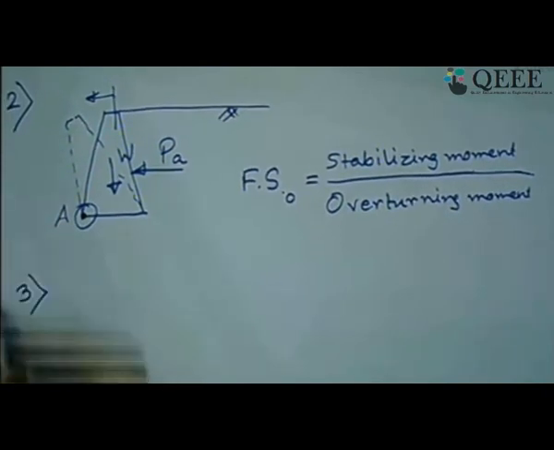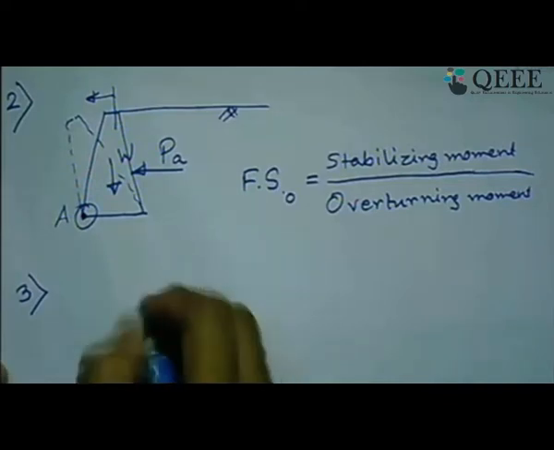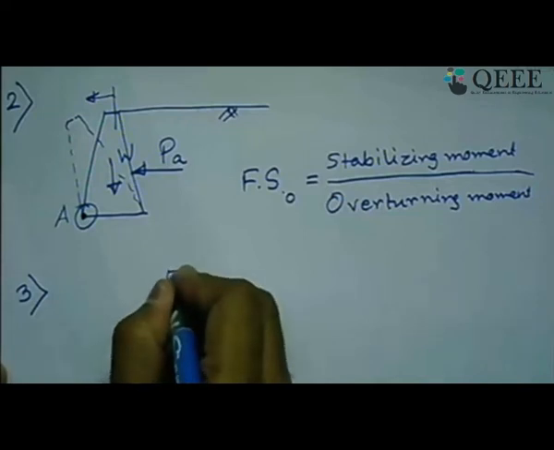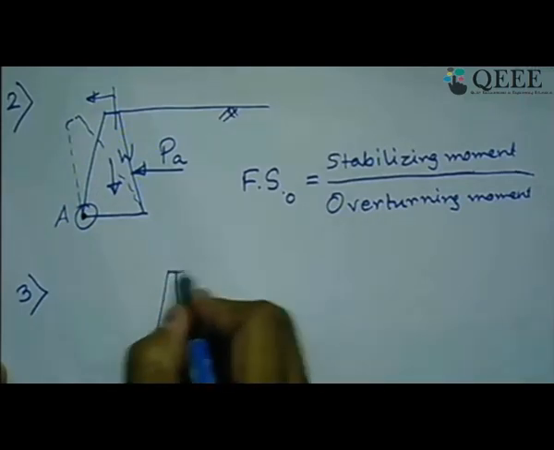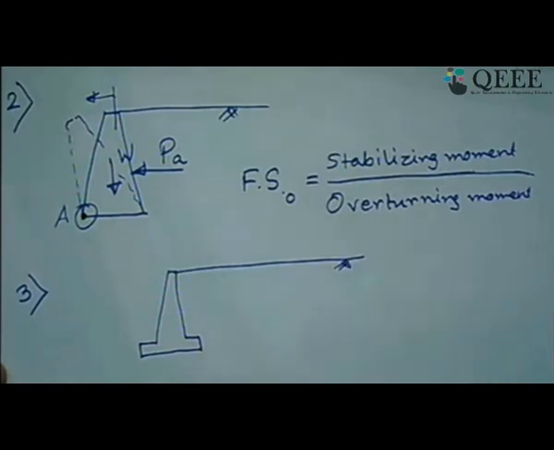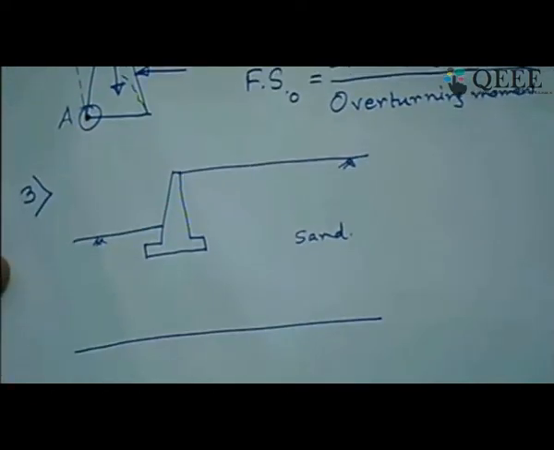Now third one, I said that rotational slip failure. What does it mean? Rotational slip failure is nothing but, suppose if you have a wall section which you have designed like this, and considering your sliding and overturning stability of the total system like this, perfectly fine, like this, and say this is a sandy soil and you have designed this wall considering the previous two criteria of sliding and overturning.